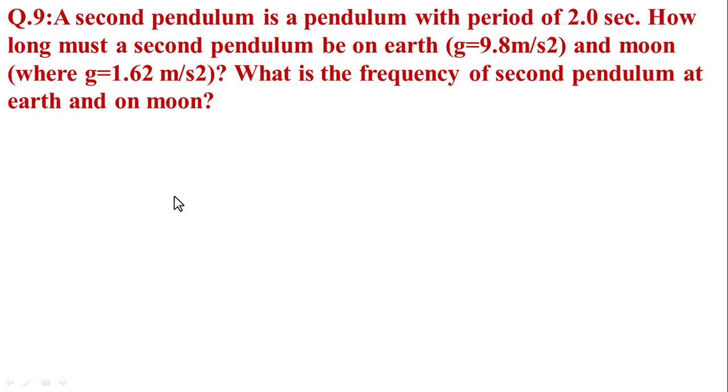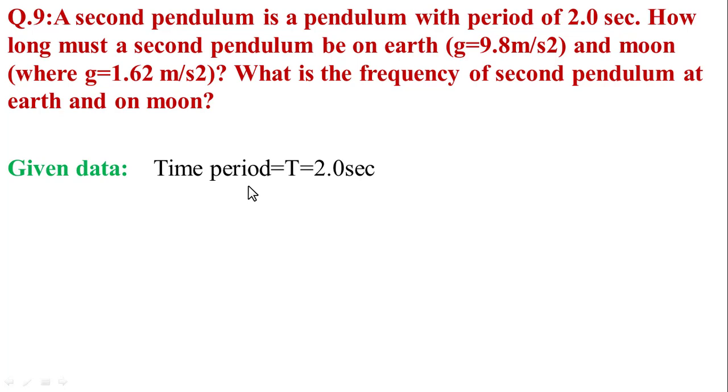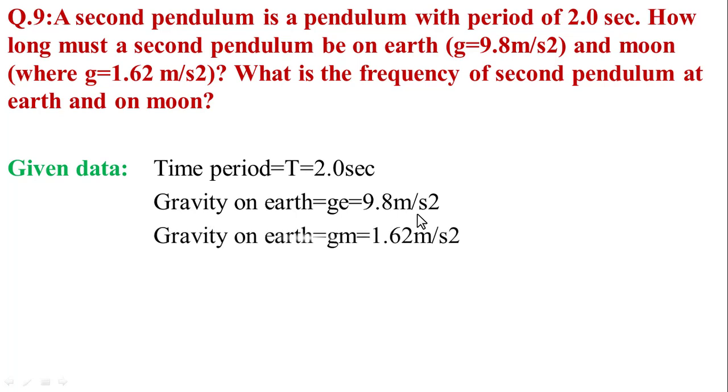Given that time period T is equal to 2 seconds, and gravity on Earth g_E is equal to 9.8 meter per second square, and gravity on the Moon g_M is equal to 1.62 meter per second square.